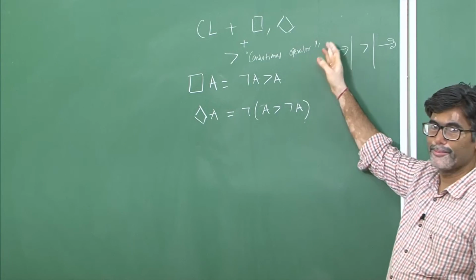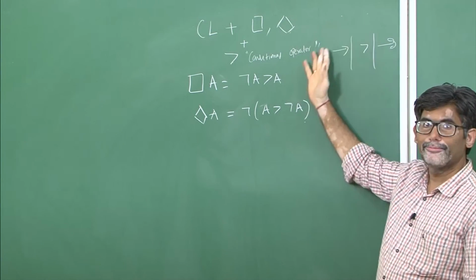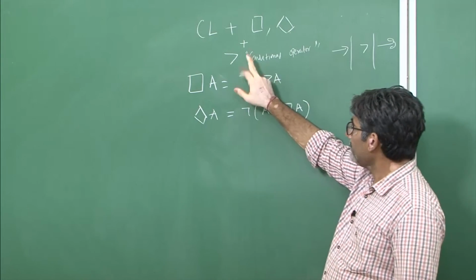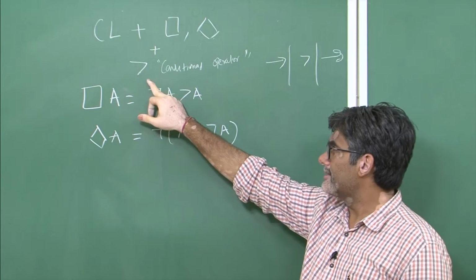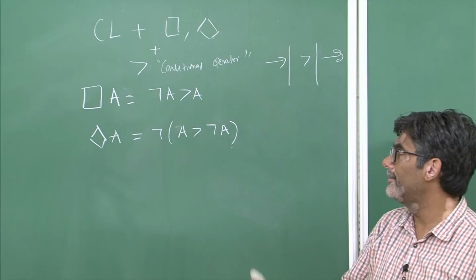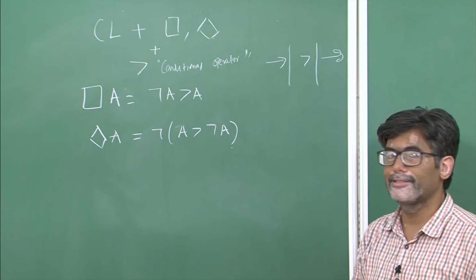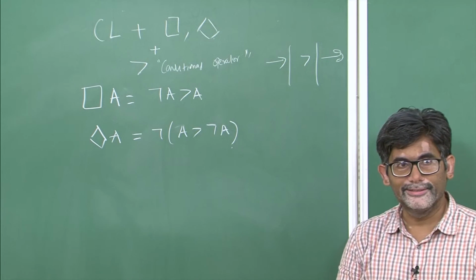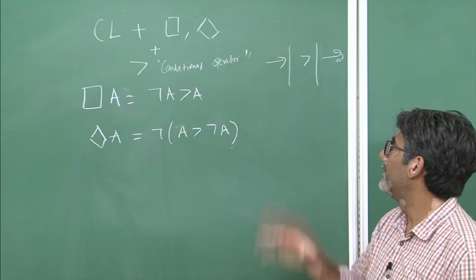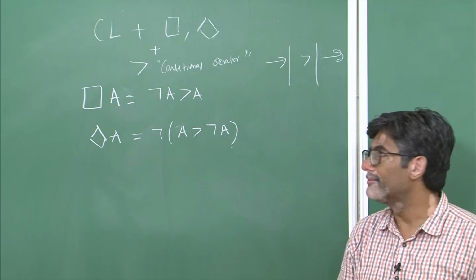Basically we talked about propositional logic, which can be extended to predicate logic also. And then the extra thing that we are talking about is this conditional connective. Now we are going to study how this conditional connective behaves. Definitely material implication will not work, and even strict implication will not work for us.